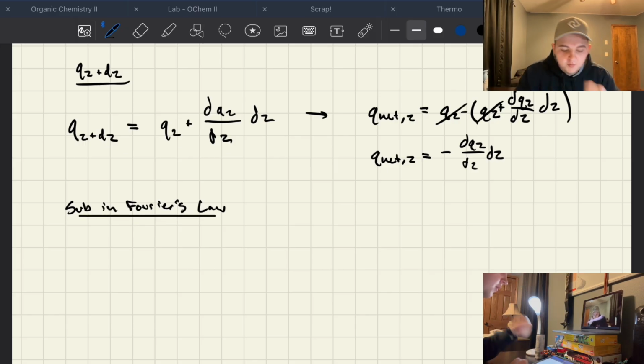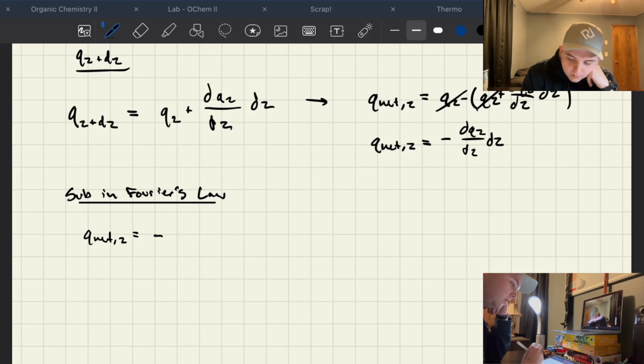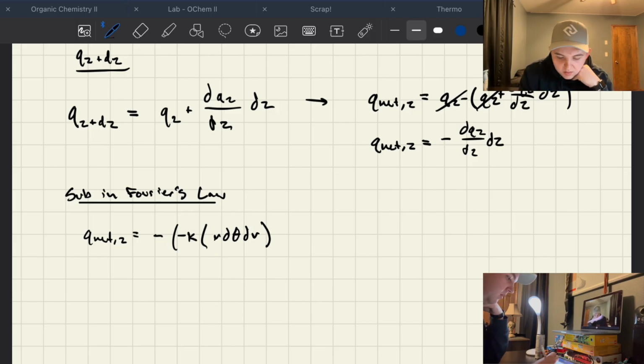So after we add Fourier's law into our equation, we're going to be left with, let me write this quick, negative k r d, right? No, sorry, theta, because r always has to stay with theta in this circumstance, dz.